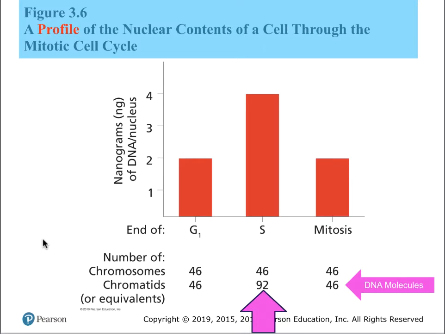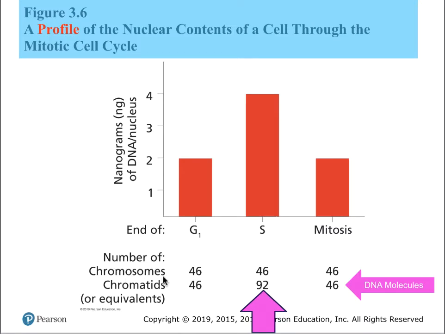But during S phase, each of these chromosomes is replicated, but not detached from its copy, and it begins to look like an X. But each is still a single entity, is called a chromosome, even though it consists of 2 sister chromatids. So keeping that in mind, we can then relate to this mathematics.